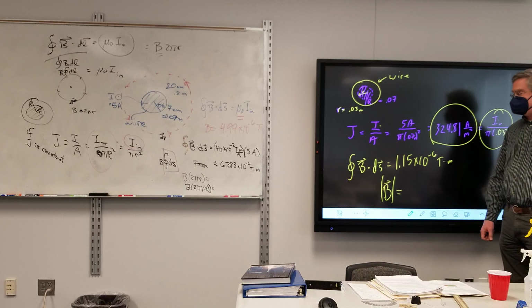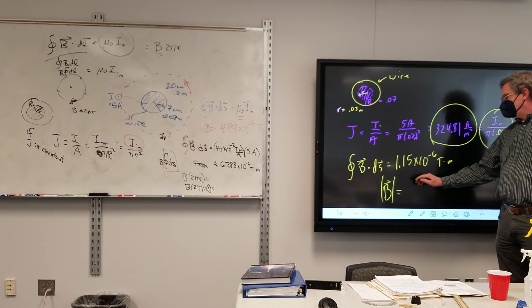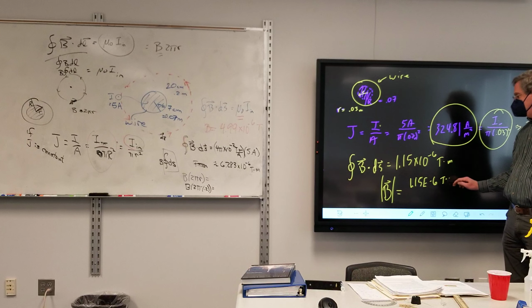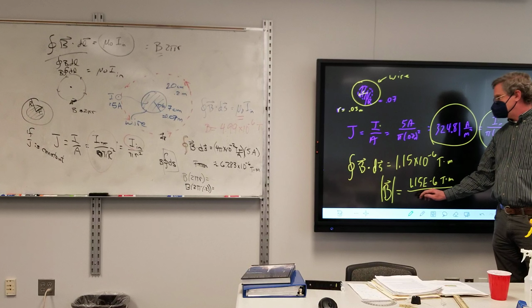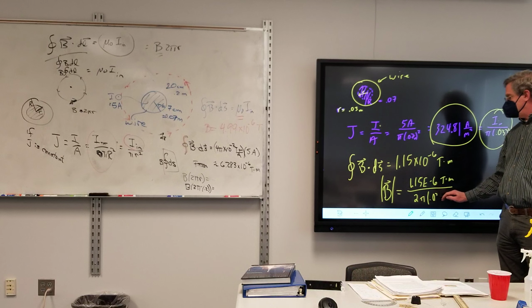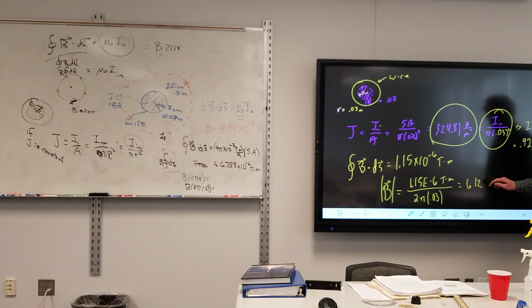And so the magnetic field would be this divided by two pi 0.03. Okay, so 6.12 times 10 to the negative 6 Teslas.